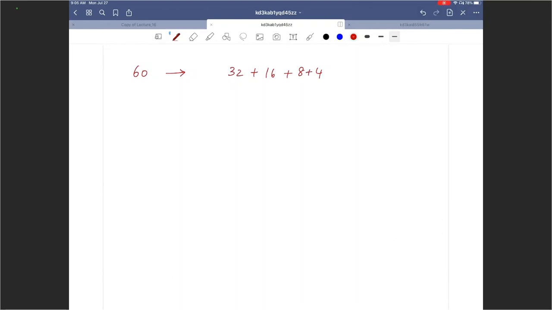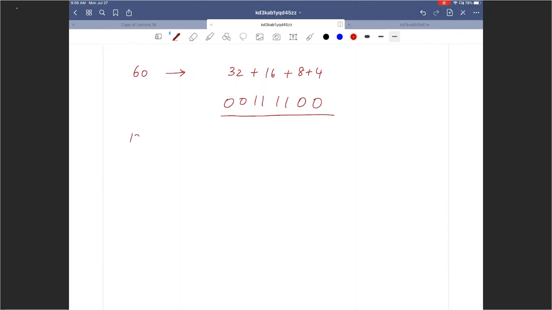So that would be 1, 1, 1, 1, 2 and 1, right? Yes, you are right. I think it's just this, right? If I need 8 of them, 1, 2, 3, 4, 5, 6, 7, 8. I think 60 is that.